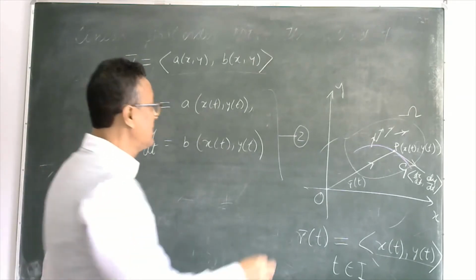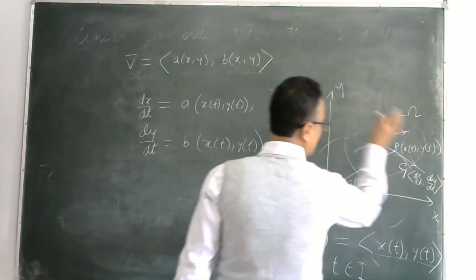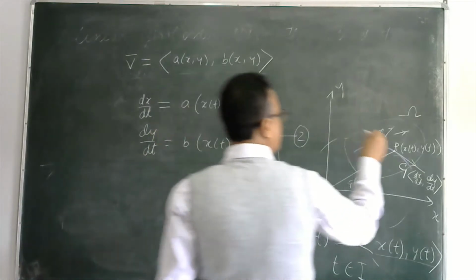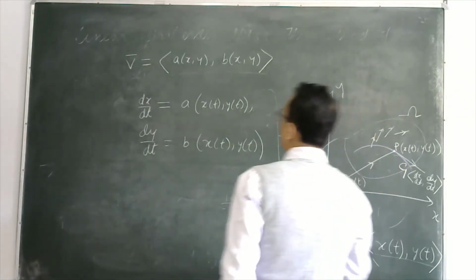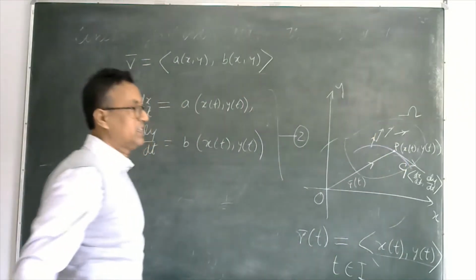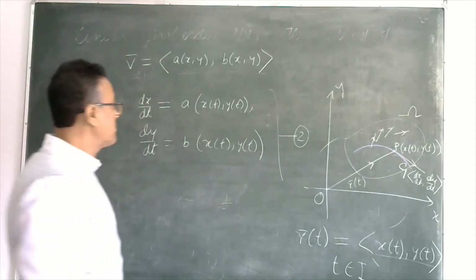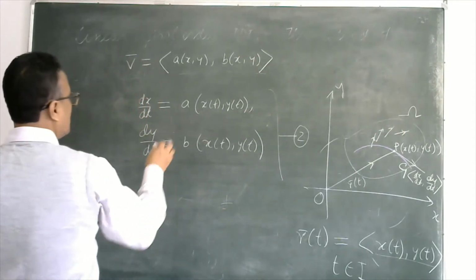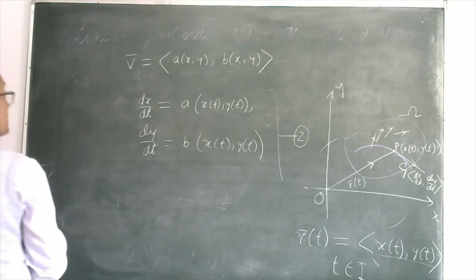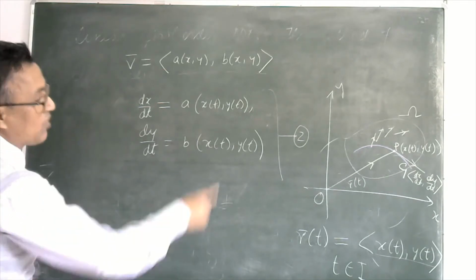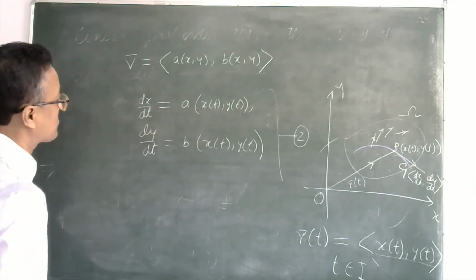So this is a curve in the xy plane where at each point of the curve this V is a tangent. That's it. Okay, fine.